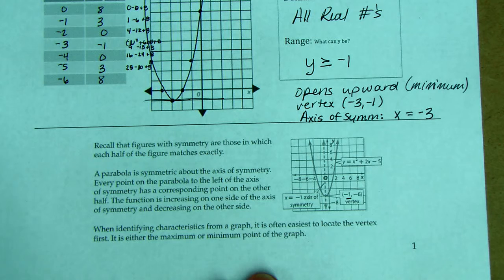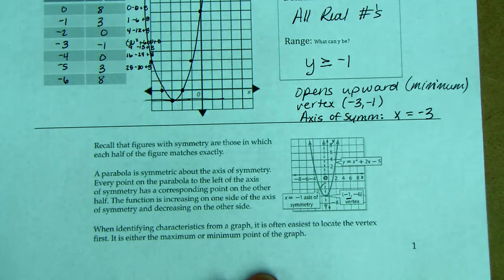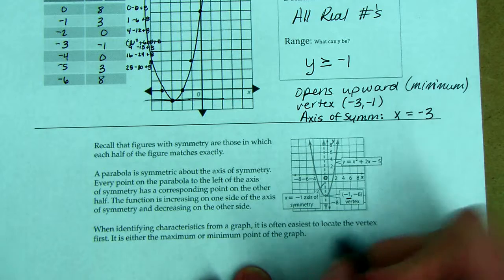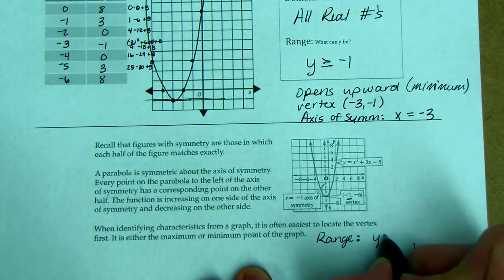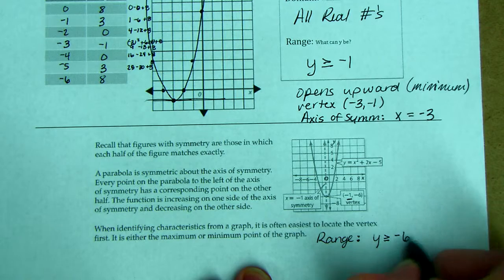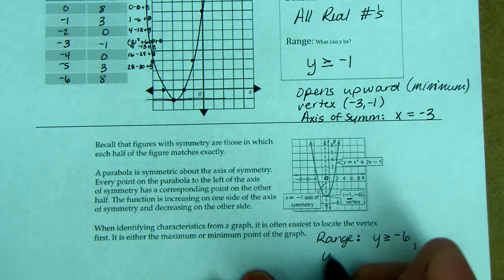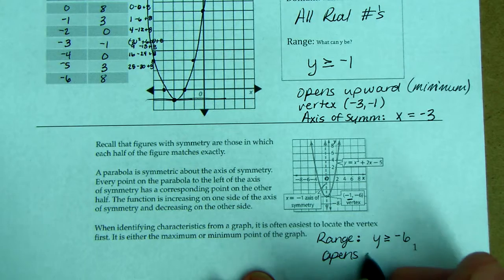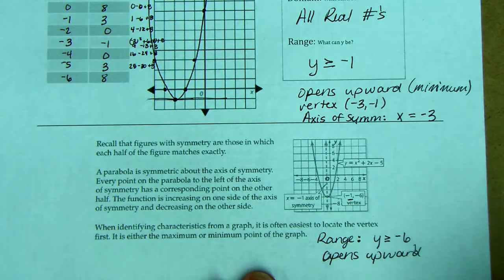So then my range is going to be y has to be greater than or equal to negative 6. So it opens upward. There's a minimum value, an axis, all those things. So that's what we're going to be referencing.